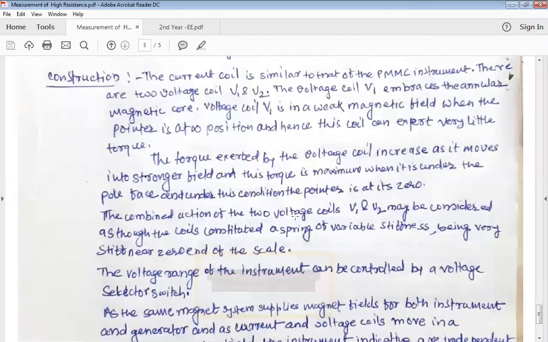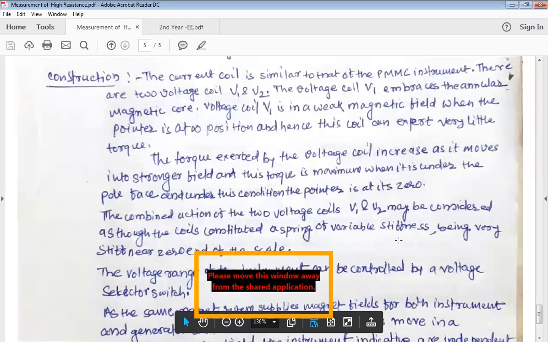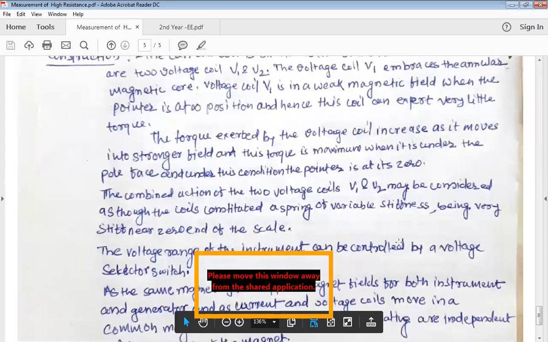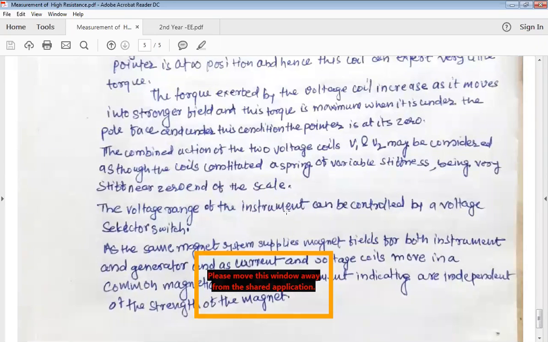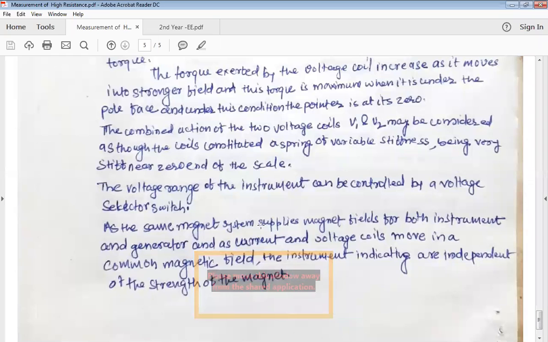So the combined action of the two voltage coils V1 and V2 may be considered as constituting a spring of variable stiffness, and being very strong, stiff near 0 of the scale. The voltage range of the instrument can be controlled by the voltage selector switch, as the same magnetic system is applied for both the instrument and the generator.